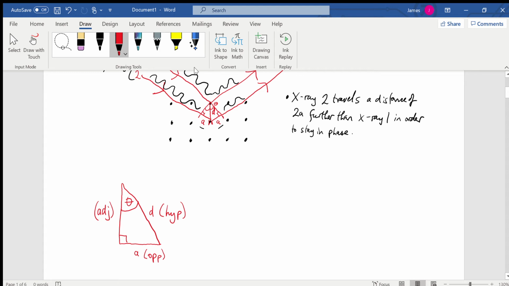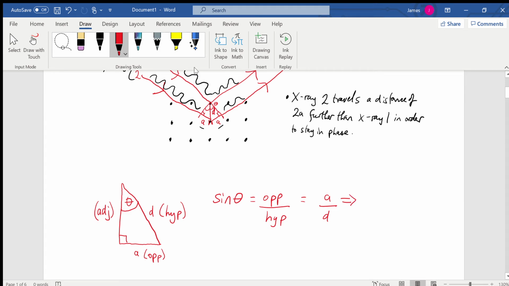I know from my mathematics that sine theta is the opposite over the hypotenuse, which in this case is a over d, because my opposite is a and my hypotenuse is d. And I can cross multiply that.